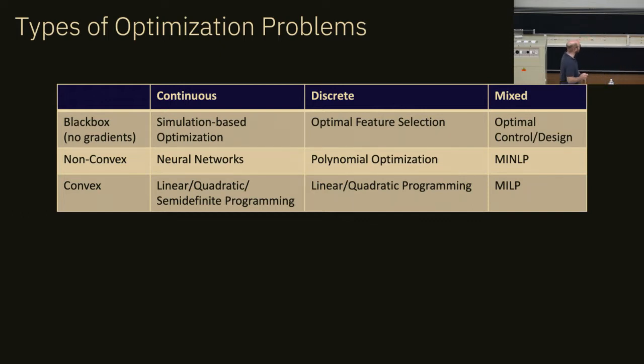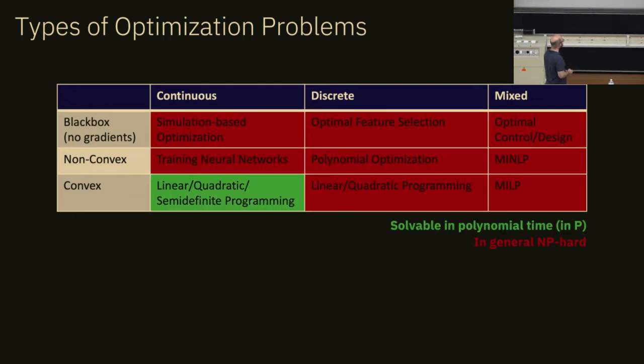In general, most of them are very difficult. This one is solvable in polynomial time classically. The rest is in general NP hard or worse. Black box systems depend very much on the black box. But this is the map of optimization problems.